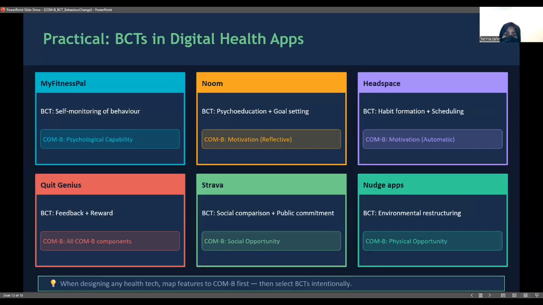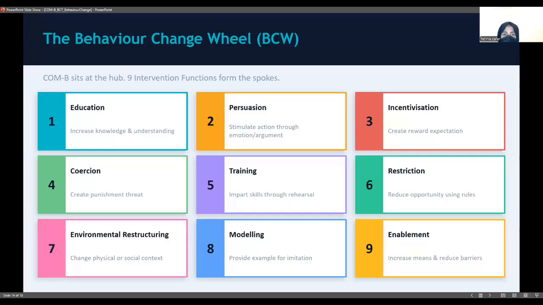After that, there are some practical implementations, that is BCTs in digital health. MyFitnessPal, Noom, Headspace, Quit Genius, Strava, Nudge apps, all these are applications of that. And the behavior change wheel at the end. After that we have a behavior change wheel, and what does it mean?